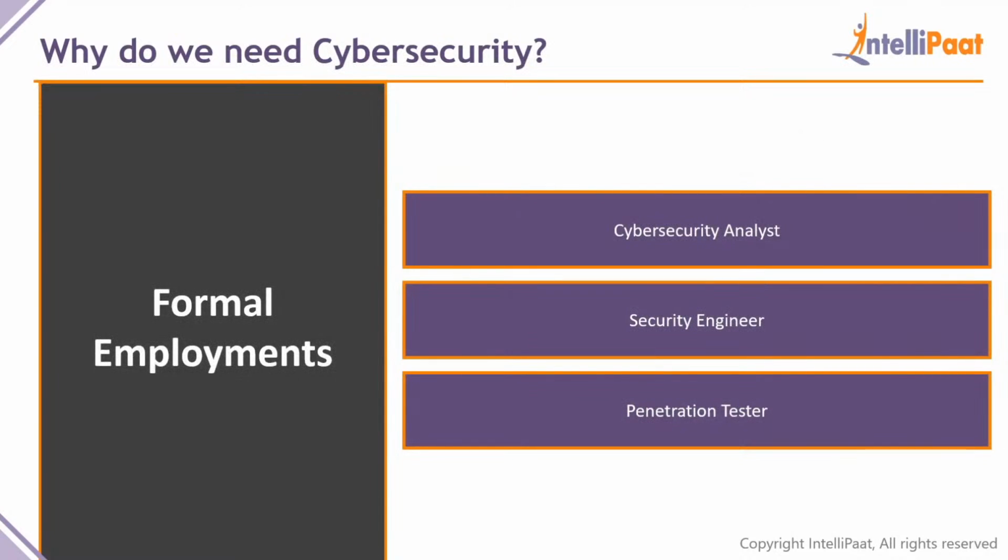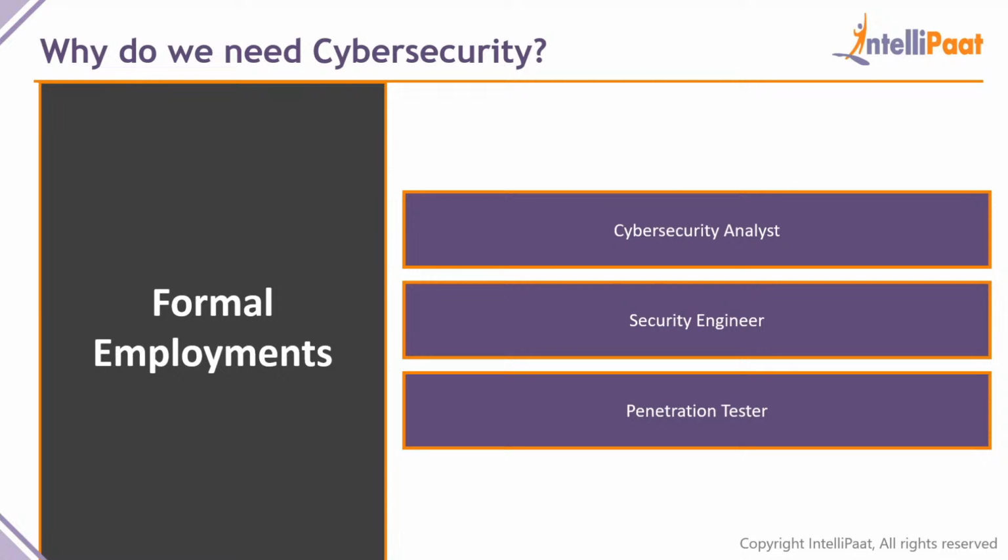There are some formal employment positions available for this particular job role. So there are three that are the most common. First is the cybersecurity analyst. This person does the job in a sort of abstract manner. This is more of a managerial position where this person is looking after all of the aspects in which an application or an organization's network or anything essentially is compromised or available to hackers, right?